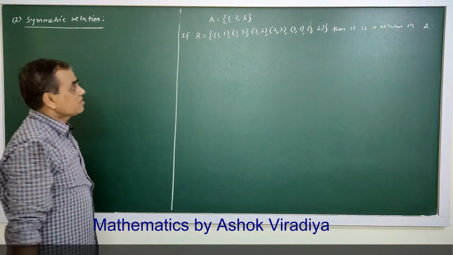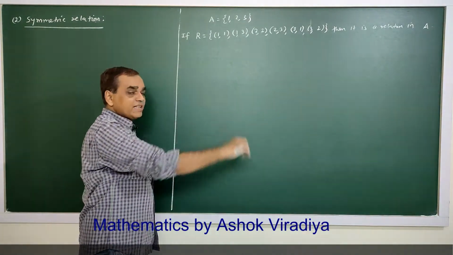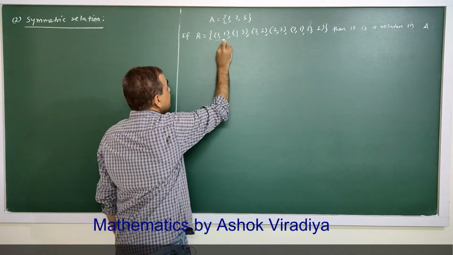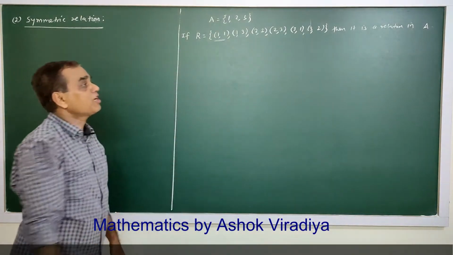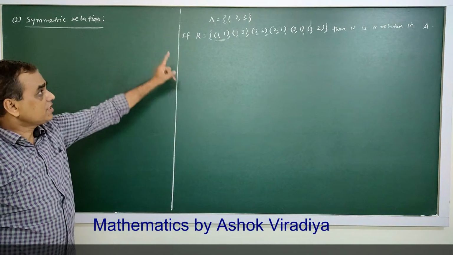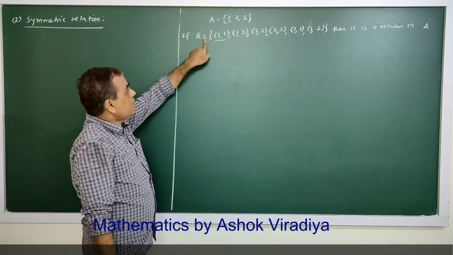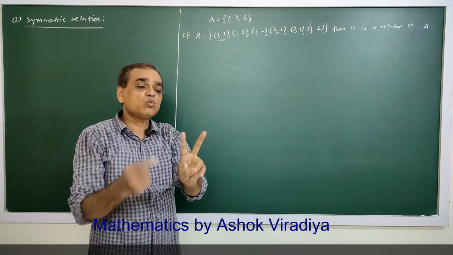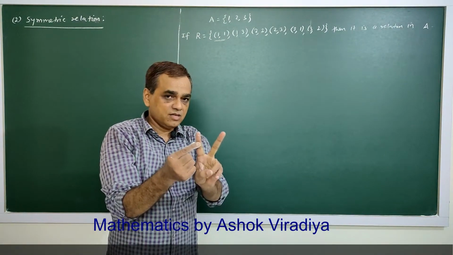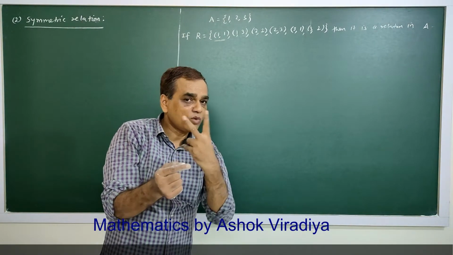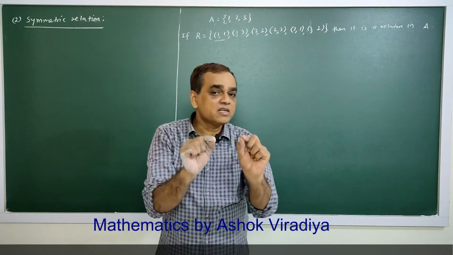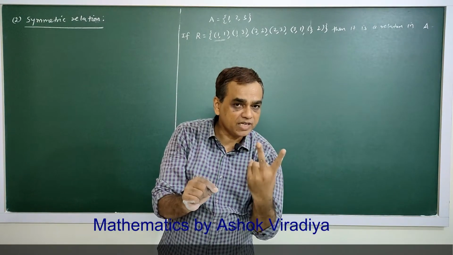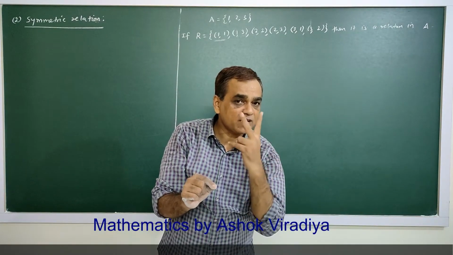So here, now to check symmetric relation, observe every element of relation R. Say (1,1) is in R, then take its inverse. Inverse is (1,1). Say I am saying inverse of (a,b) is (b,a). So if (a,b) is in R, check (b,a).